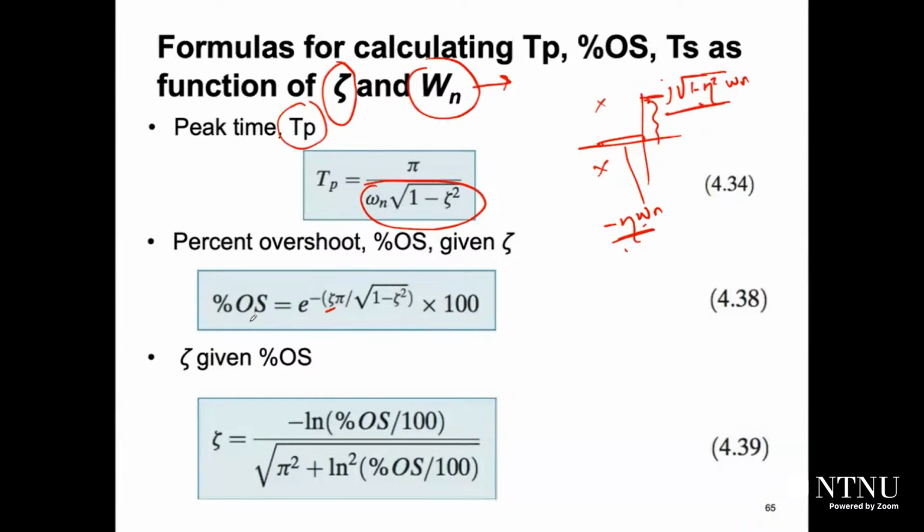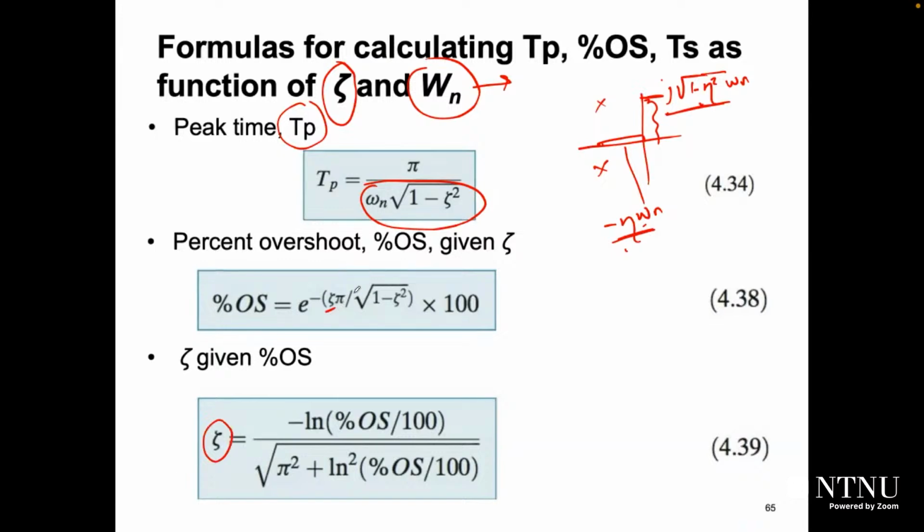If the overshoot is given, how can we find zeta? For example, I can tell you, please design a controller to achieve 10% overshoot. In this case, from that 10% overshoot we need to find zeta. So how can we do this?